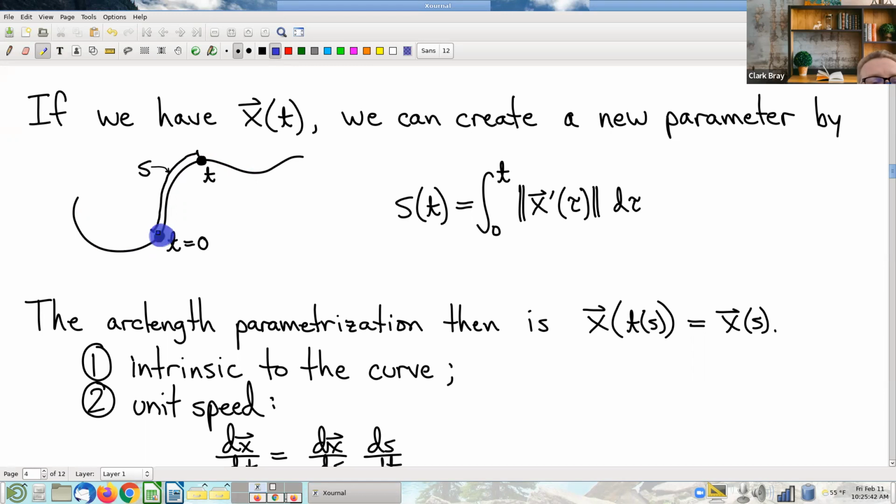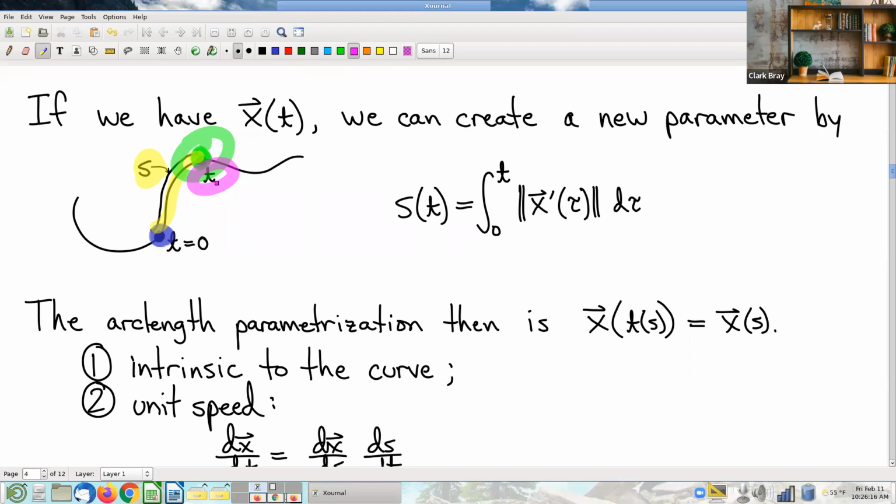This is s equals 0. And if whatever point I might happen to be at later, the parameter that I'm going to associate to that point on the curve is just, well, what is this distance? So I'm going to redefine for this point and say, instead of the parameter being time that it took me to get there, I'm going to have the parameter be distance I had to drive to get there.